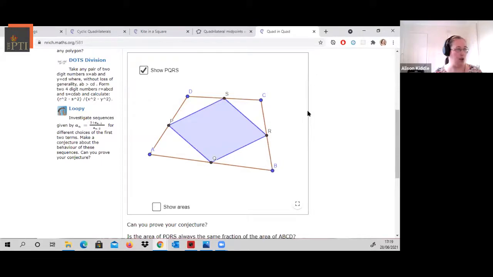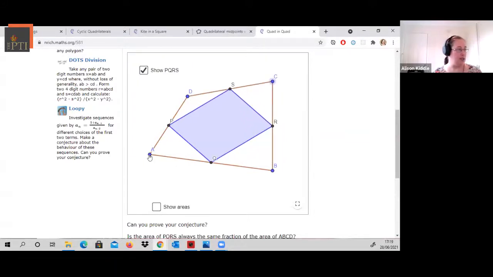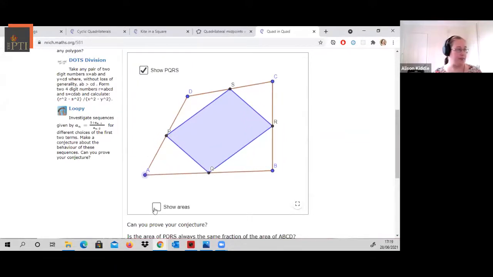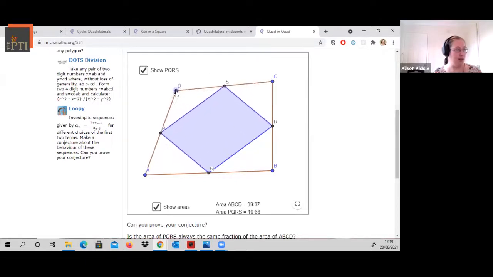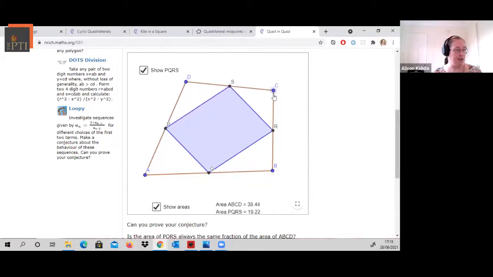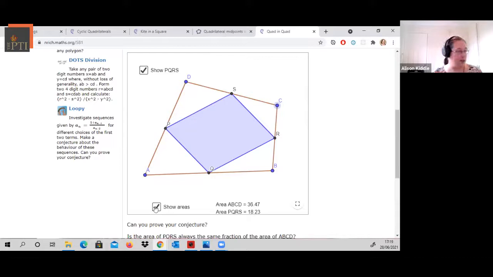And I can show the midpoints P, Q, R, and S like that. But it's also given me an opportunity to take this one step further, which is to show the areas. So the total area of my original quadrilateral, and the area of my parallelogram in the middle. So there's an extra problem there to consider and extra conjectures to be made.